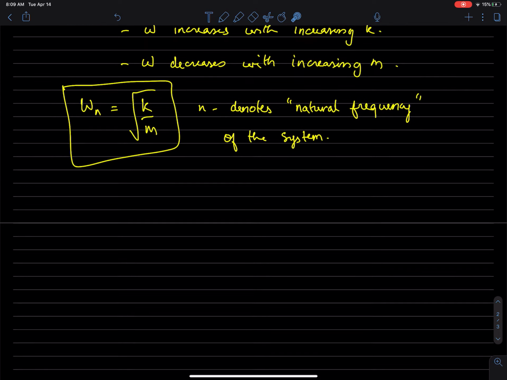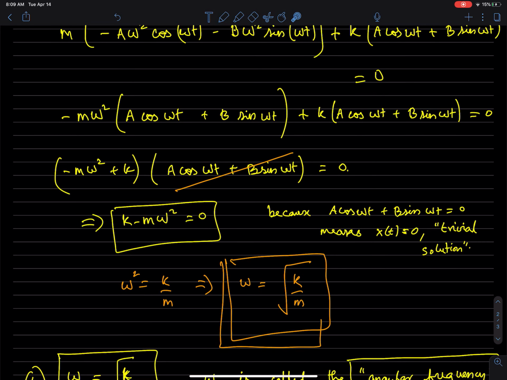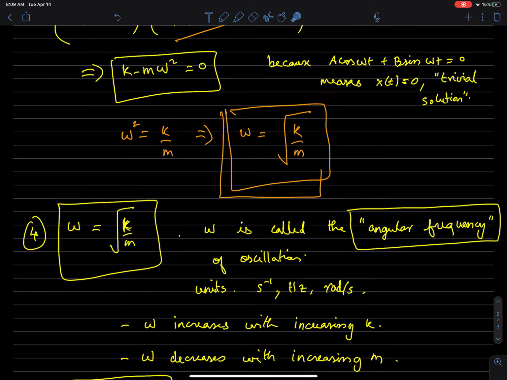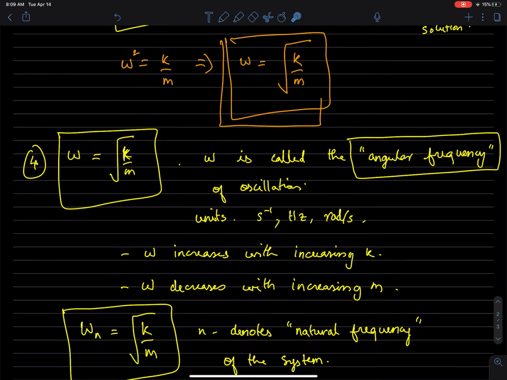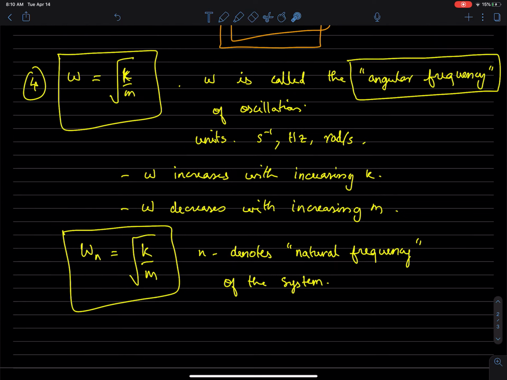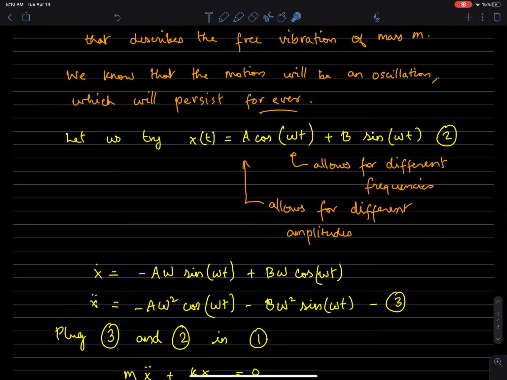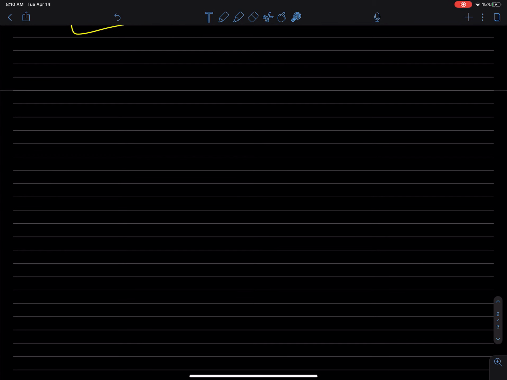Let's next find the value for A and B. Okay, what are the values for A and B? So to find A and B, we need to know what started the oscillations. In other words, we need to know what the initial conditions are.